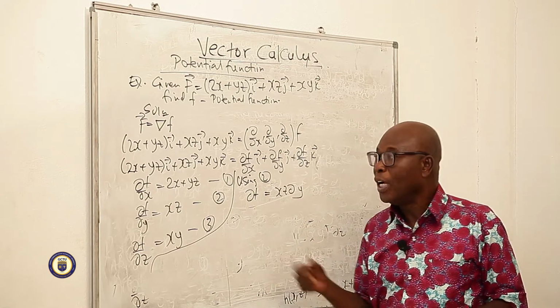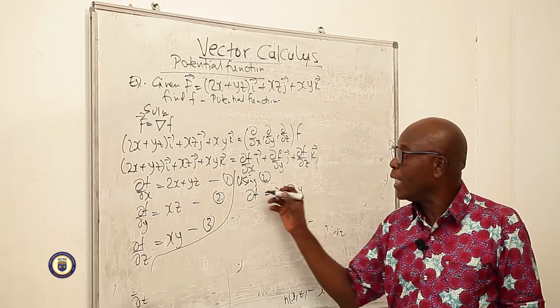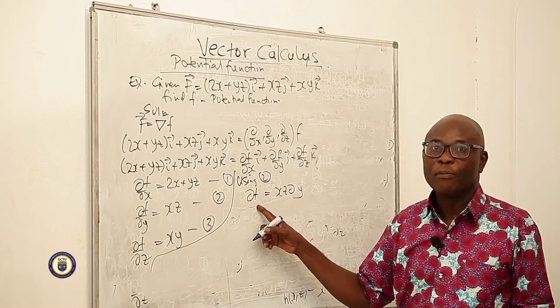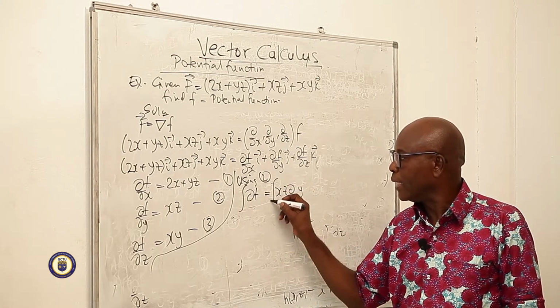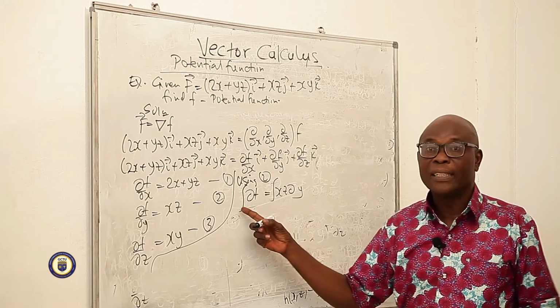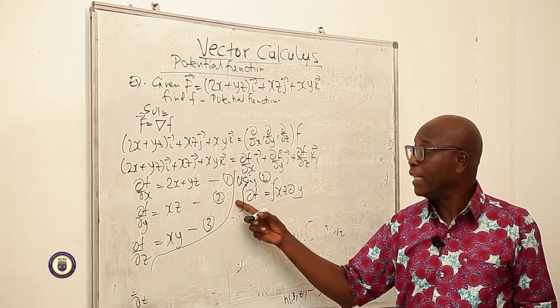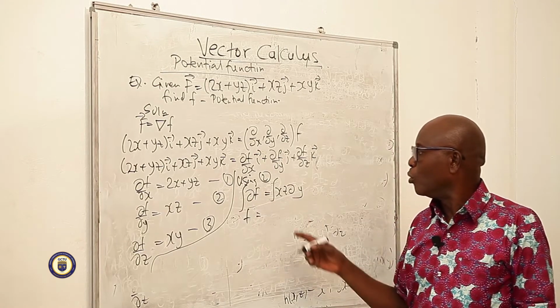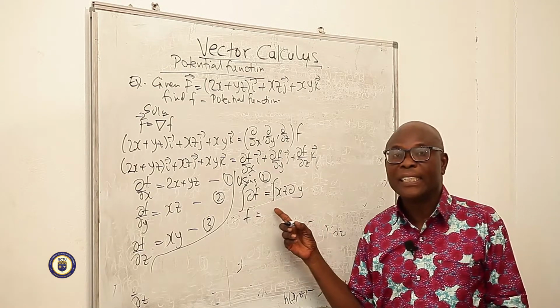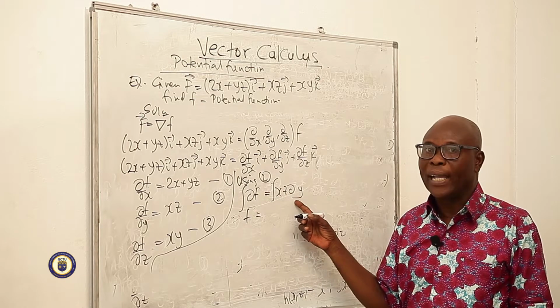And so if you want to find f, you have to integrate. If you integrate the left side, you must also integrate the right side. If you integrate the left side, the partial differentiation will cancel. We'll have f, and it's equal to integrating this term xz with respect to y.